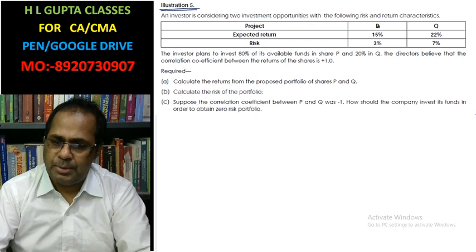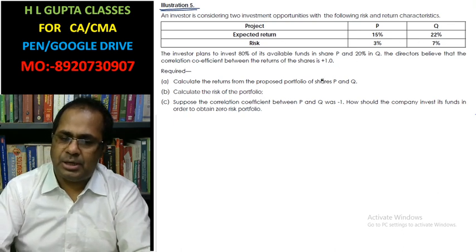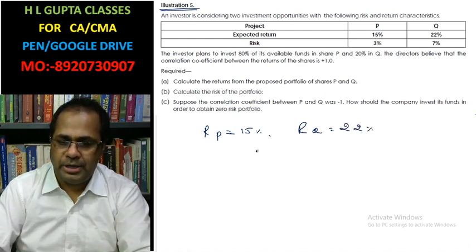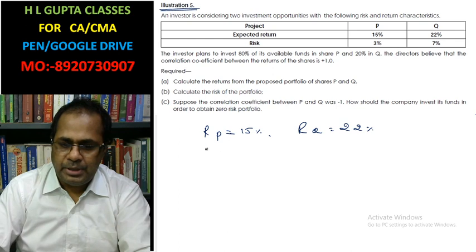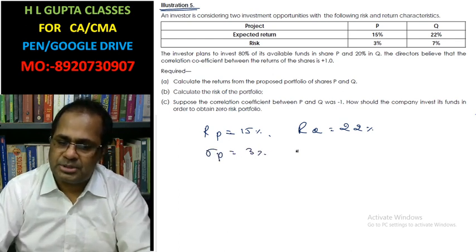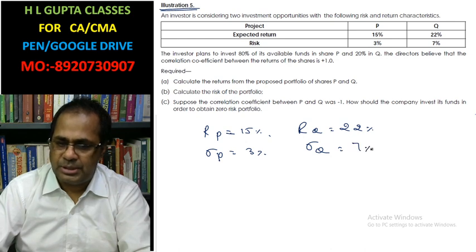The projects P and Q are given, with expected return and risk. The return of P is 15%, and the return of Q is 22%. Similarly, the risk of P is 3%, the standard deviation of P is 3%, risk represents standard deviation, and the standard deviation of Q is 7%.